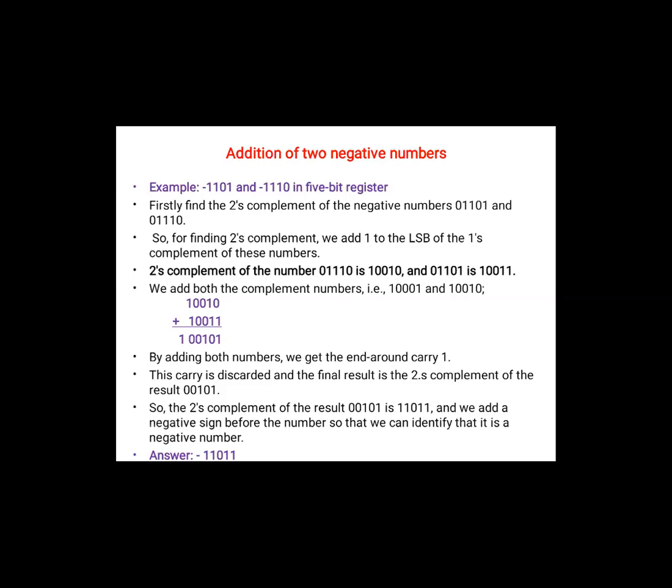Just check. 1's complement nikal lo wo number ka and then immediately add 1. And see that 2's complement should match. Yours and mine, both should match. 0 0 1 1 first ka.